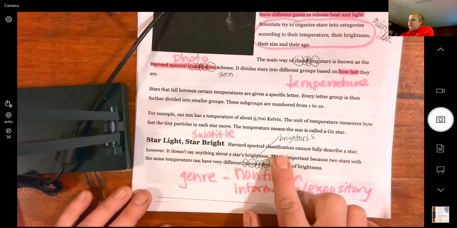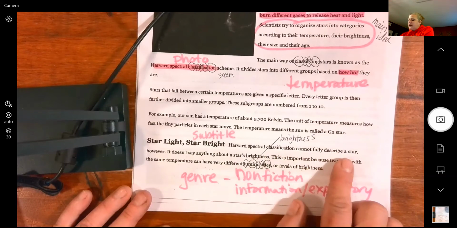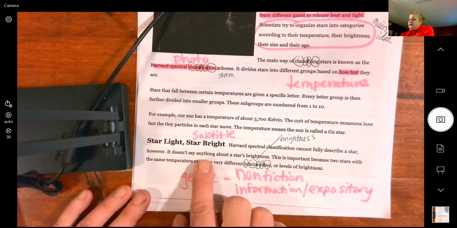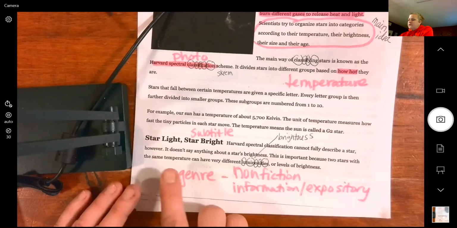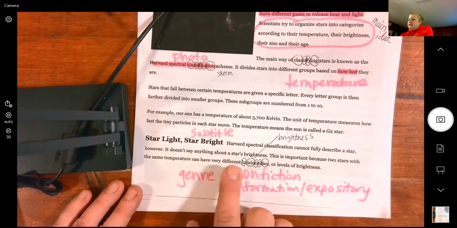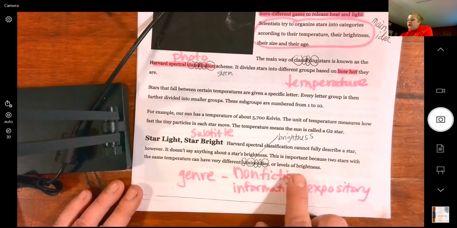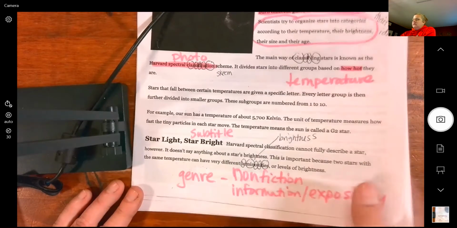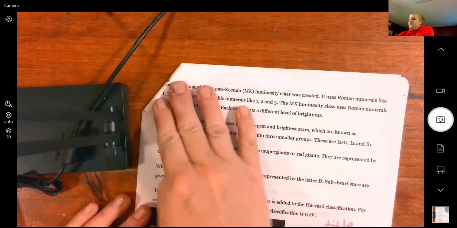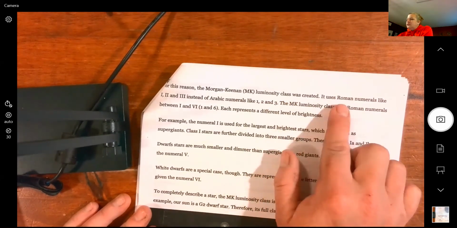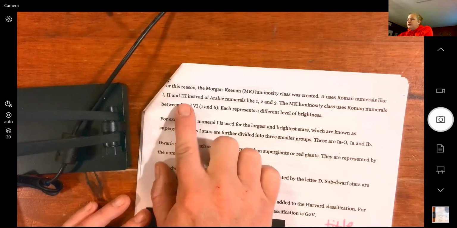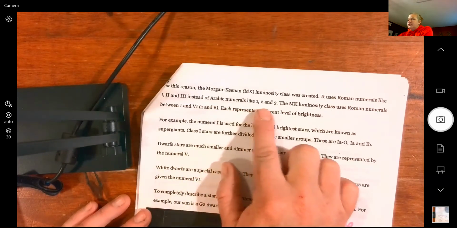Harvard Spectral Classification cannot fully describe a star, however, it doesn't say anything about the star's brightness. This is important because two stars with the same temperature can have a very different luminosity or levels of brightness. For this reason, the Morgan-Keenan luminosity class uses Roman numerals like I, II, and III instead of Arabic numbers like 1, 2, and 3.